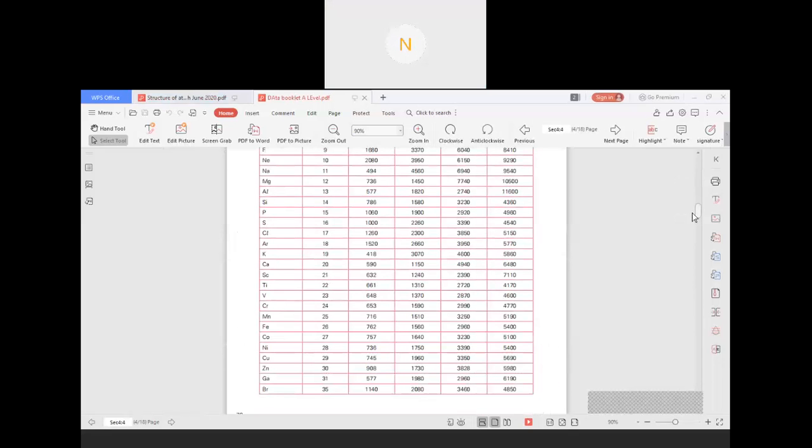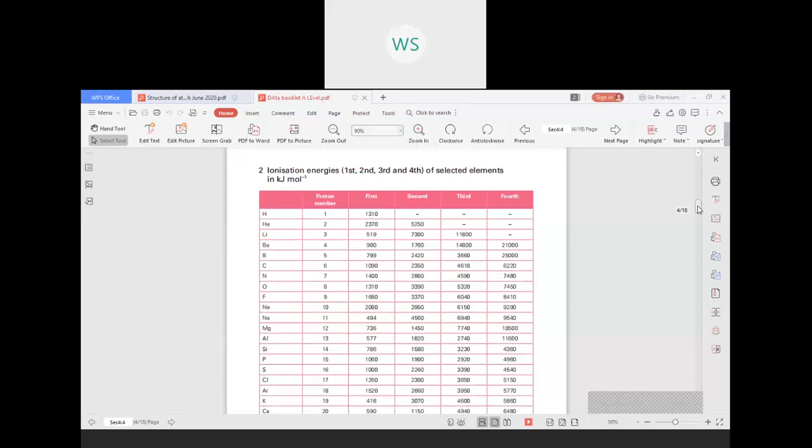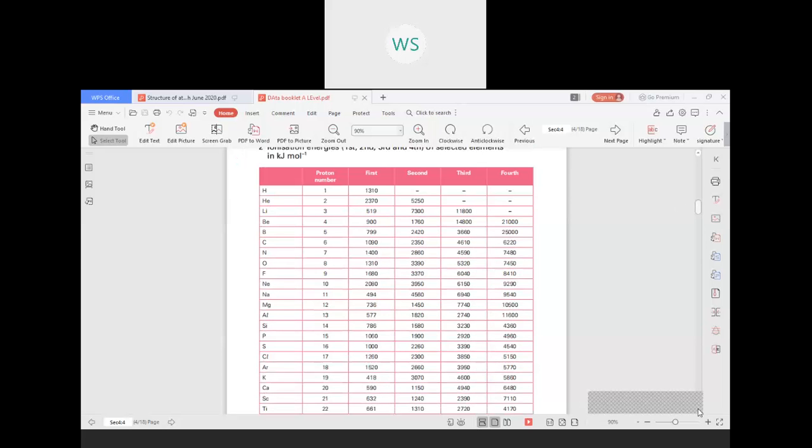Now, the data booklet you can download from Google. There is the A-level chemistry data booklet from 2016. In this data booklet that I share on the screen, which one is radium?